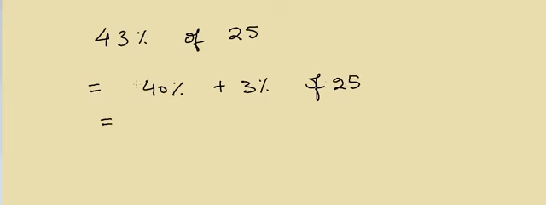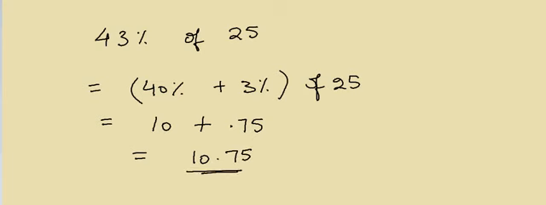So 40% of 25, 4 into 25, that is 10, and 3%, so 3 into 25, 0.75. So the answer is 10.75. So that's how you work with or imagine these numbers in your brain. If you practice, you should be able to quickly do that.